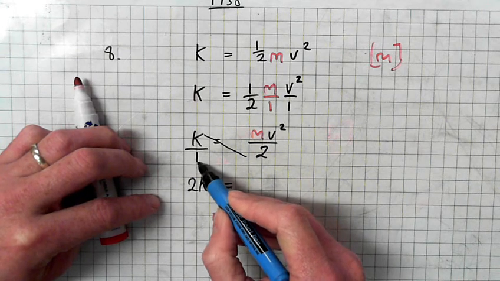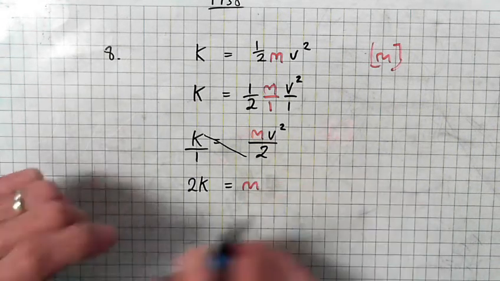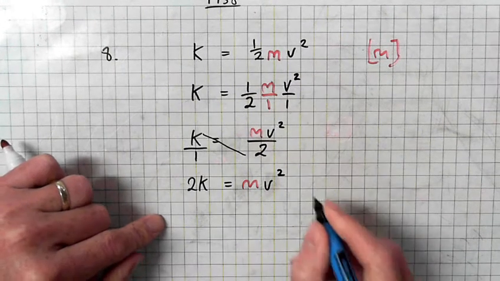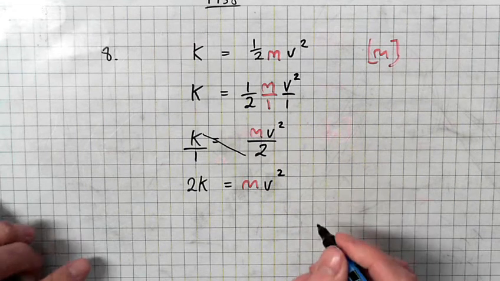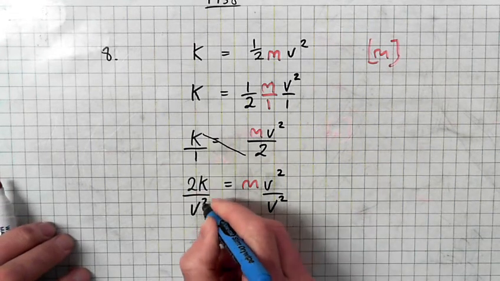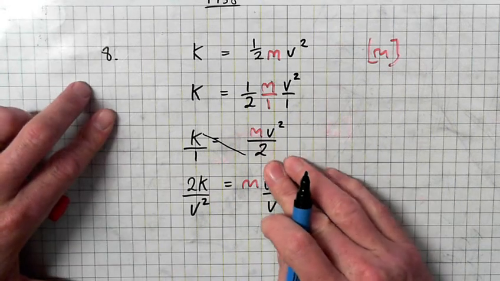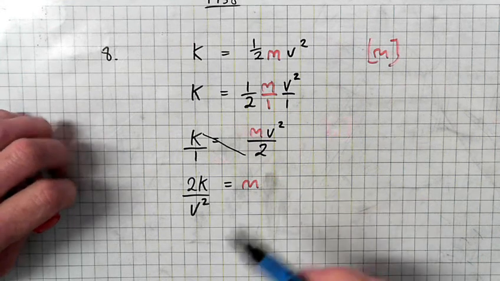Now 1 times mv squared is mv squared. Now what's the thing I want to get rid of? It's the v squared. So divide both sides by v squared. So m is equal to 2k over v squared.